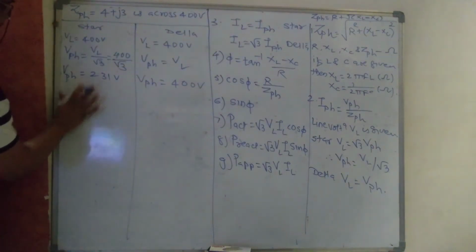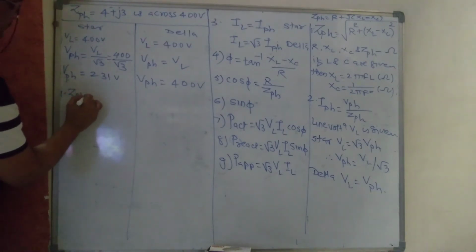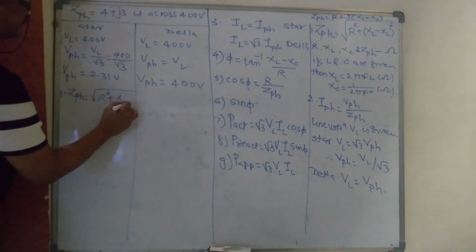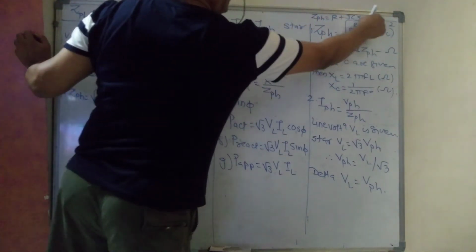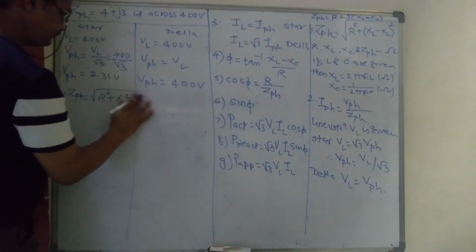First step. Now start step wise. ZPH is under root of R square plus XL square, since XC is not given.